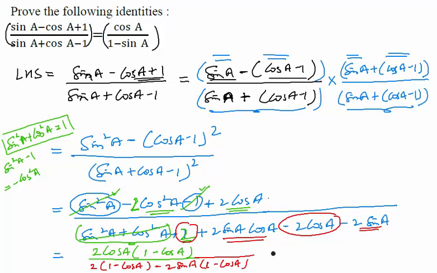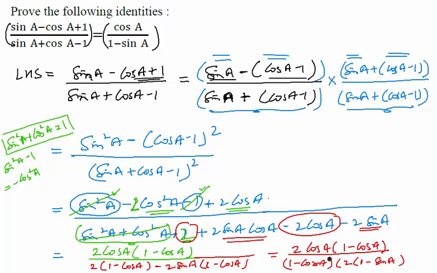Now I can further factorize the denominator. You will get 2 cos A into (1 minus cos A) in the numerator, which is already there, and in the denominator, if I take 1 minus cos A common, I will be left with 2 into (1 minus sin A).